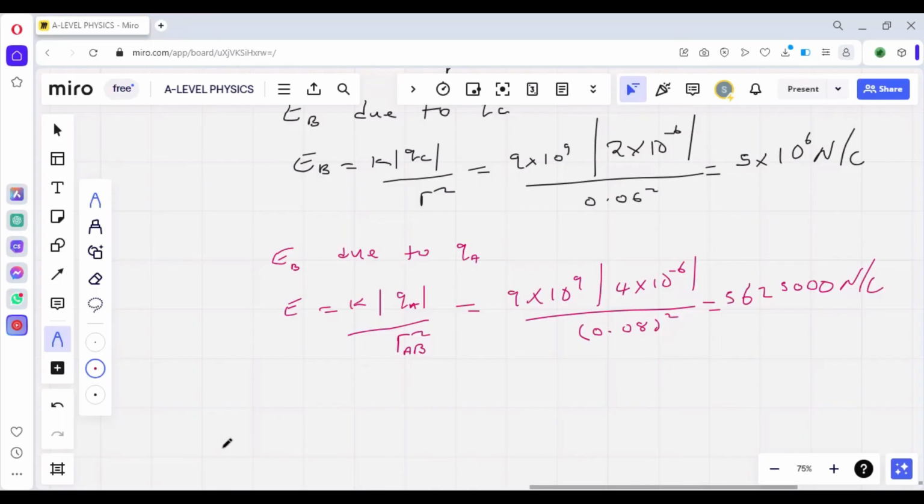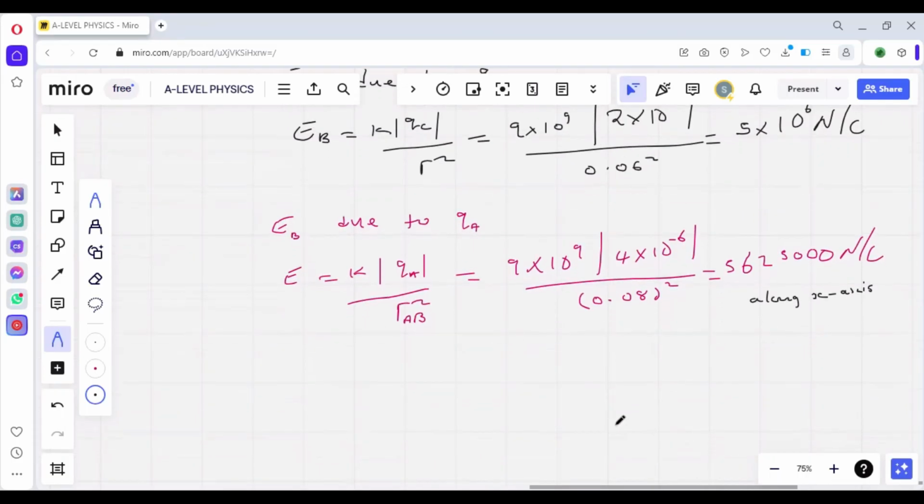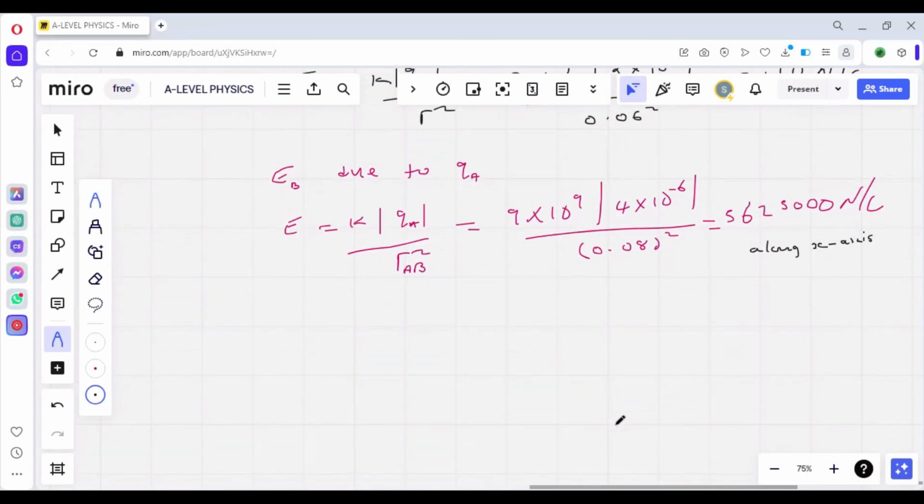But how are we going to add them? This field here is along the x-axis, and the other one is along the y-axis. So we have one field in the y-axis and another field in the x-axis. So we have to use Pythagoras theorem to find the magnitude.